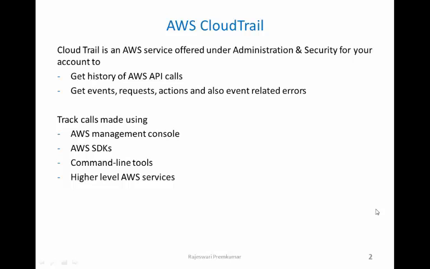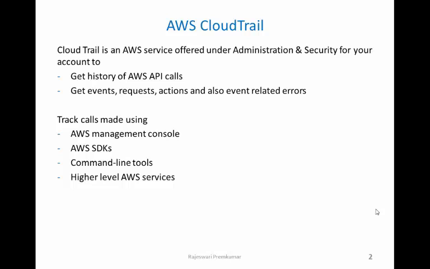So, what is CloudTrail? CloudTrail is a web service offered by Amazon AWS to record all the AWS API calls to your account and deliver the log files to you. Amazon offers this CloudTrail for recording the user actions and events that happen across the services.